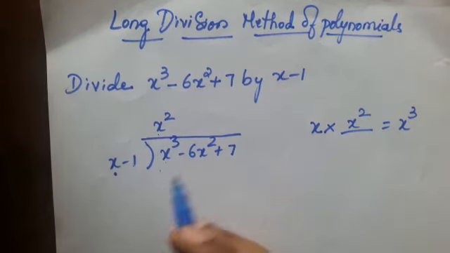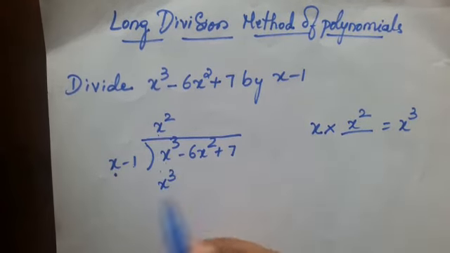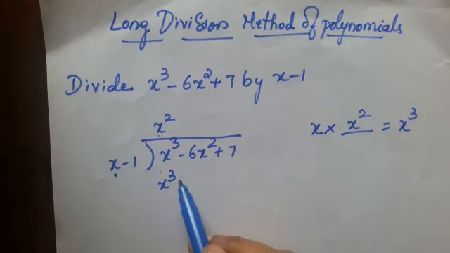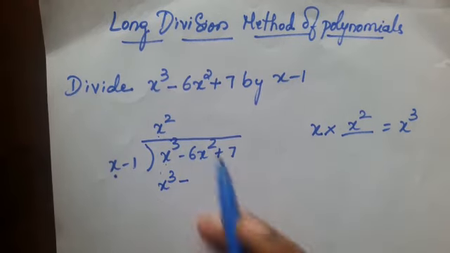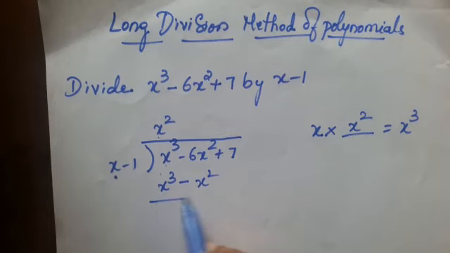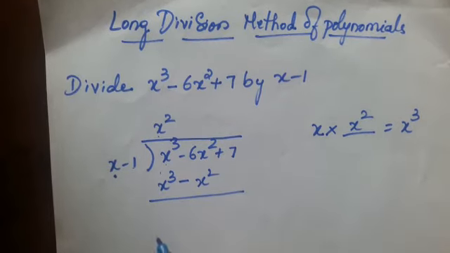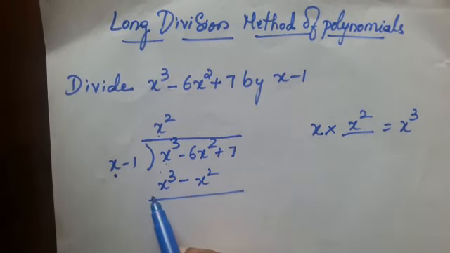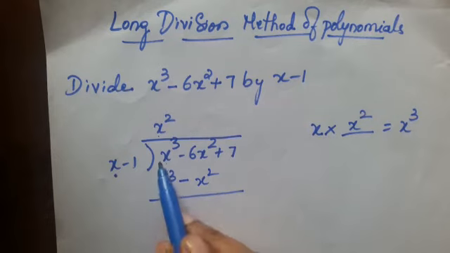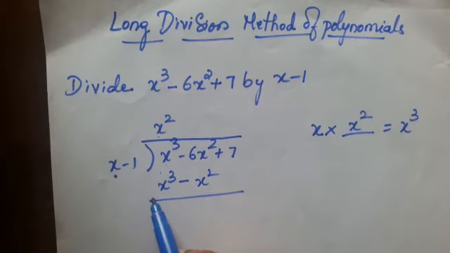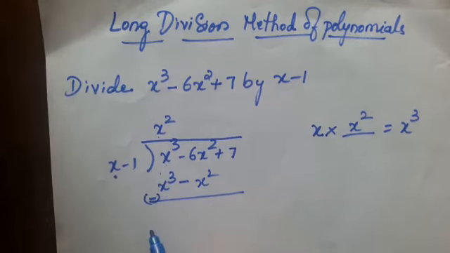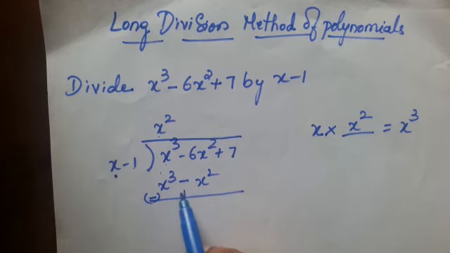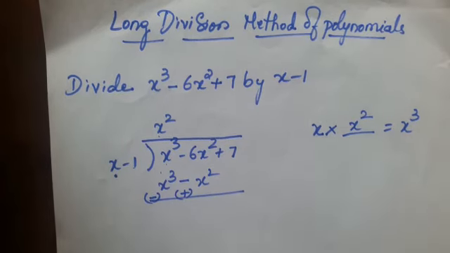x into x square is x cube, minus into plus, minus 1 into x square is minus 1x square. So now you have to change the sign. Here plus is there, here also plus is there, we have to make it negative. Here minus is there, we will make it positive.